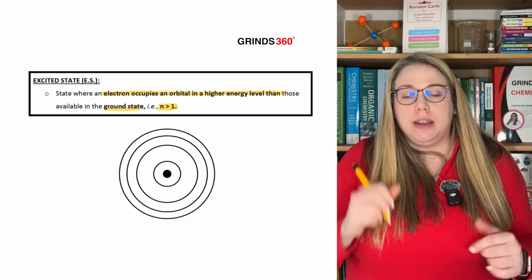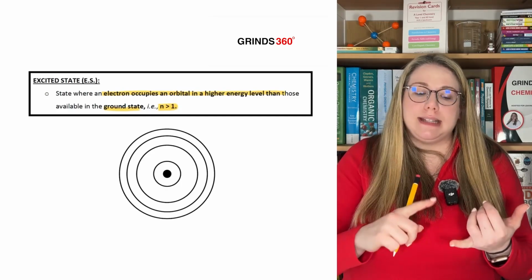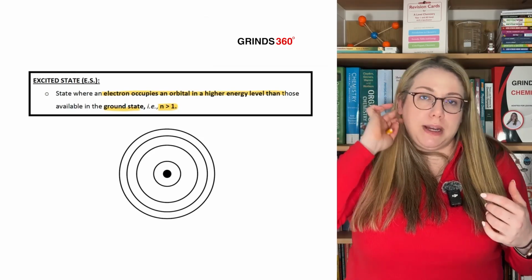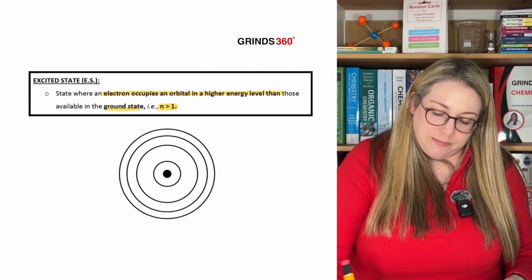If your electron occupies n is equal to 1 for hydrogen, that's in the ground state. And if it's n is equal to 2, 3, 4, 5, 6, whatever, as long as it's bigger than n is equal to 1, then your atom is in the excited state.